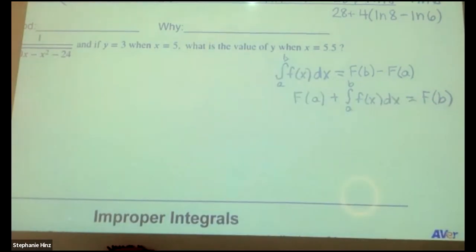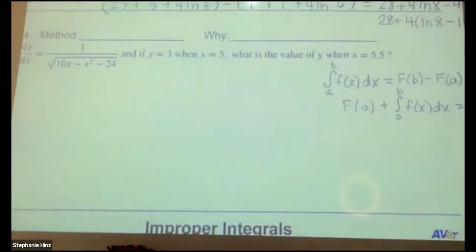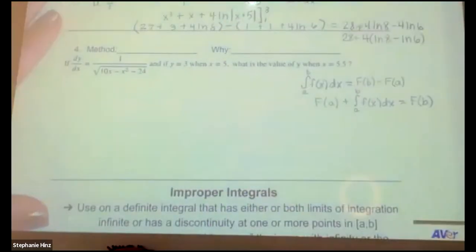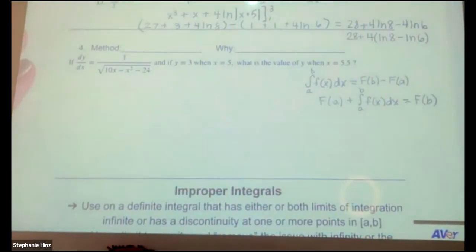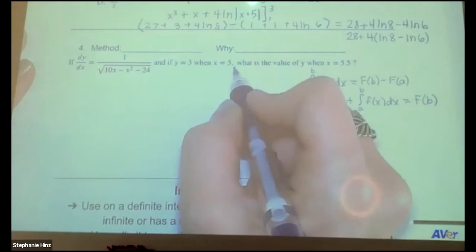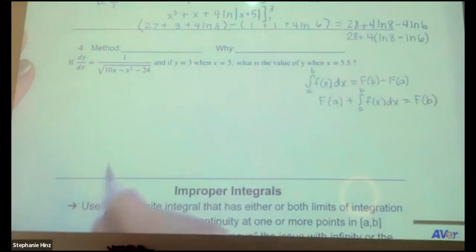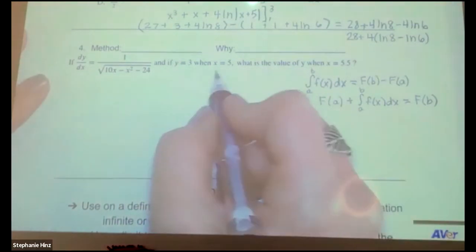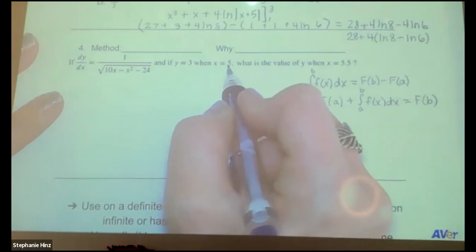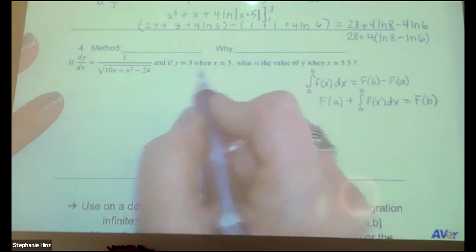All right, so if we set this up, the integration on this one is kind of tough. So we know our starting value. Our starting value at x is 5, y is going to be 3.